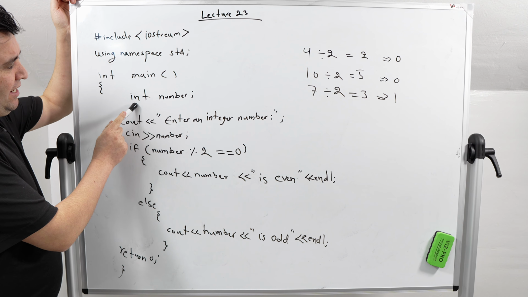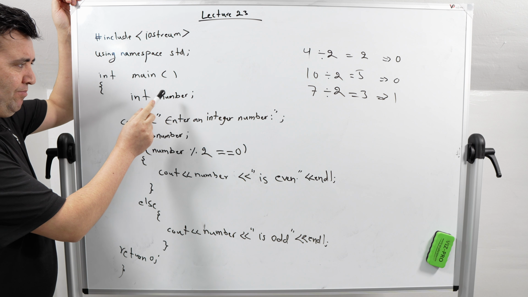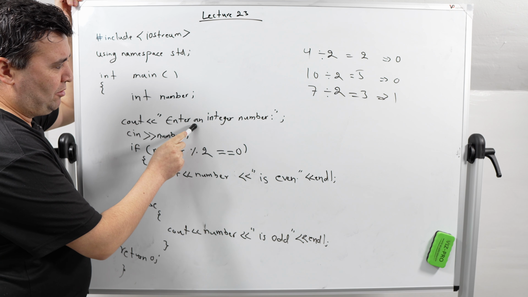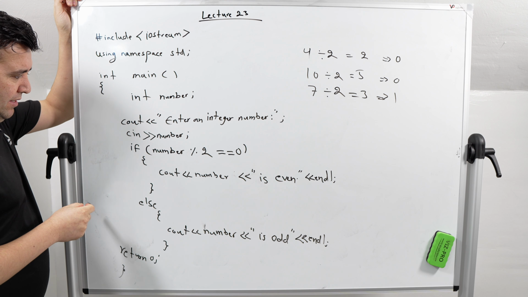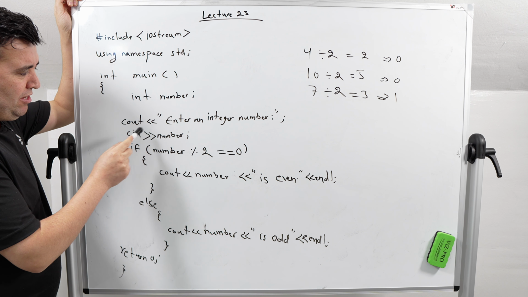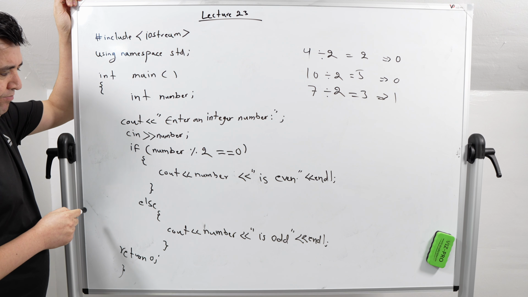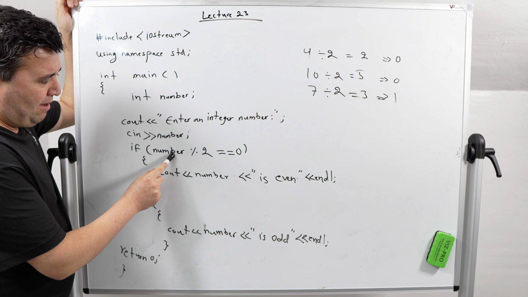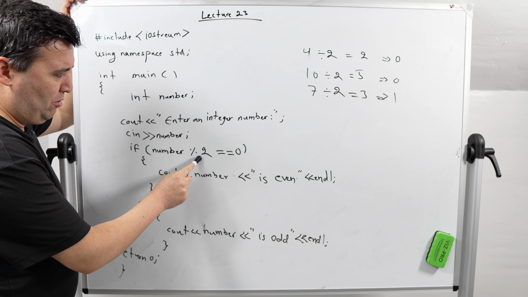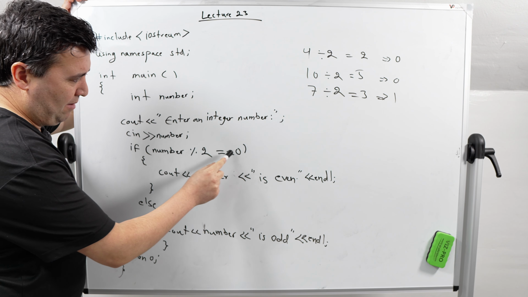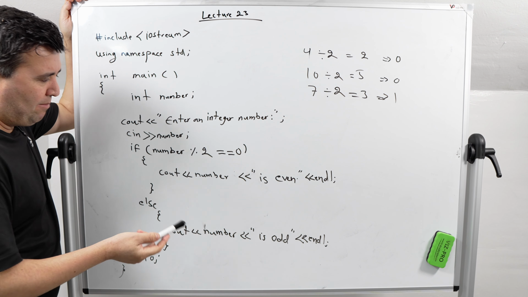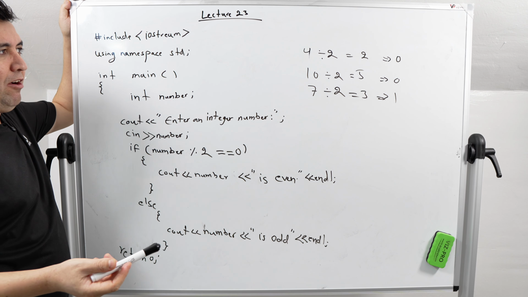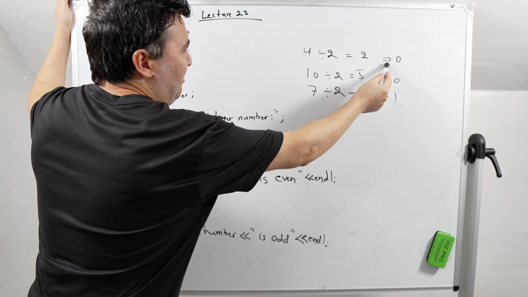First, we declare a variable of type int, and the name of the variable is number. Then we cout, asking the user to enter an integer number. Whenever the user enters the number, we store it inside the variable number. Then, using an if-else statement, we divide that number by 2, and if the remainder of that operation is 0, it means that number is even. According to our math logic, an even number divided by 2 always leaves a remainder of 0.